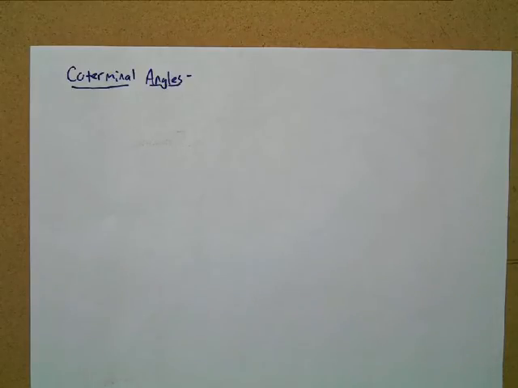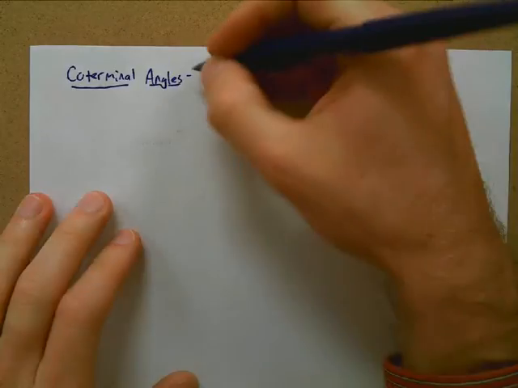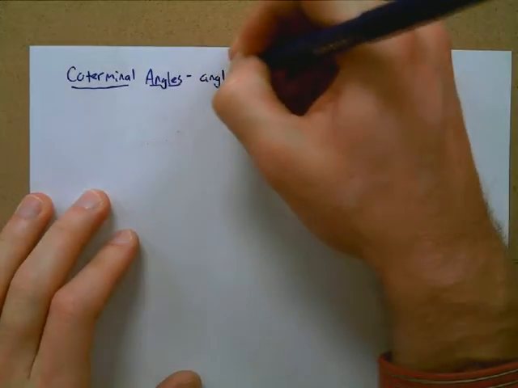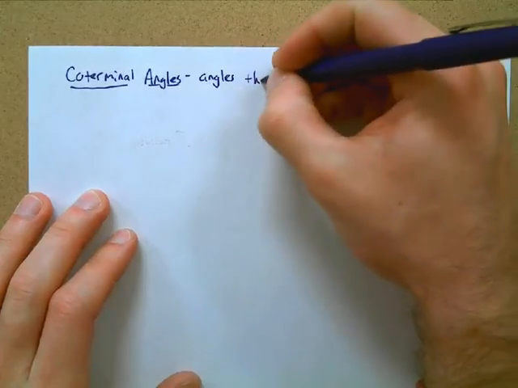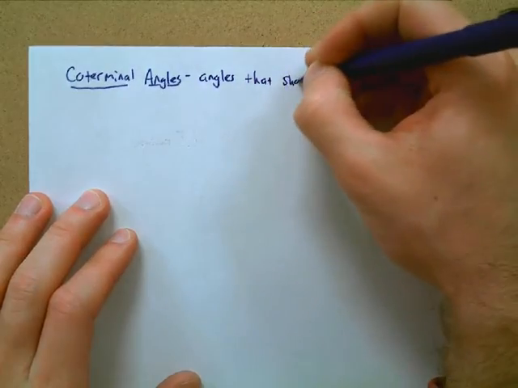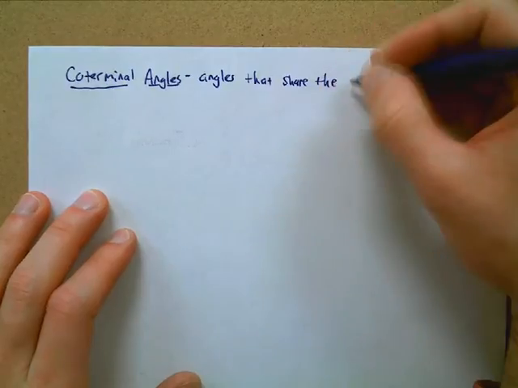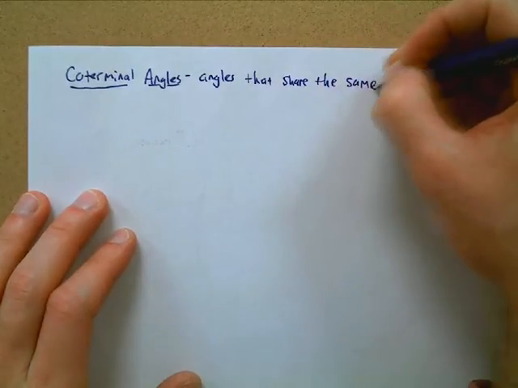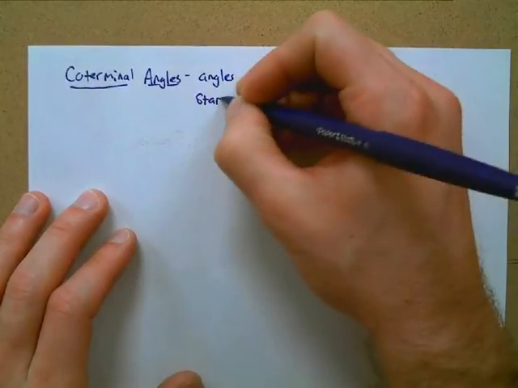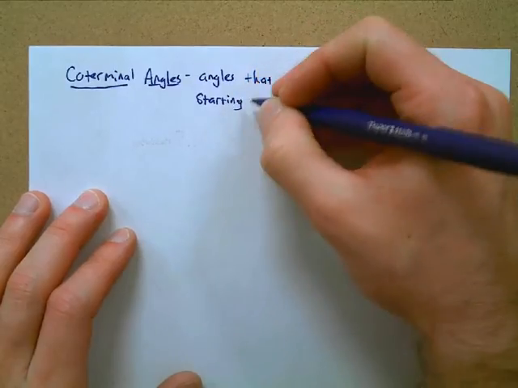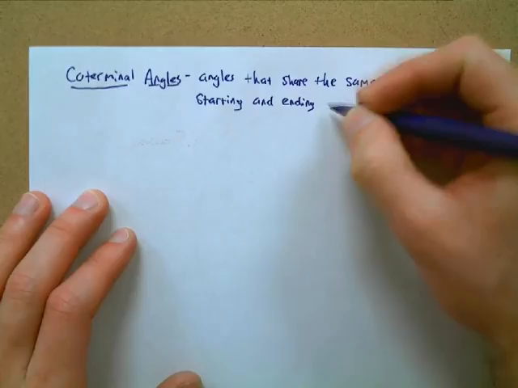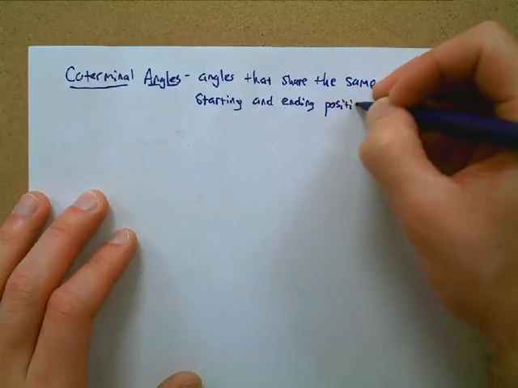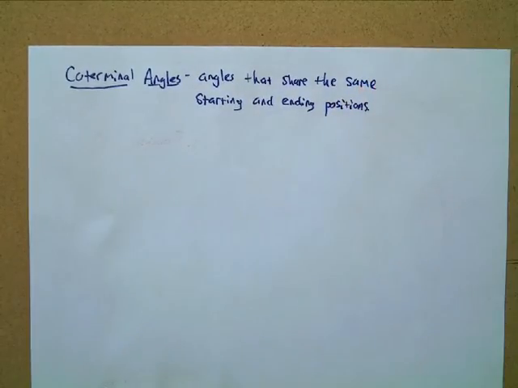Angles that share the same starting and ending positions. Okay, and if we recall, Devin, do you want to say what was your secret again to figuring out the different coterminal angles when we were talking about degrees?